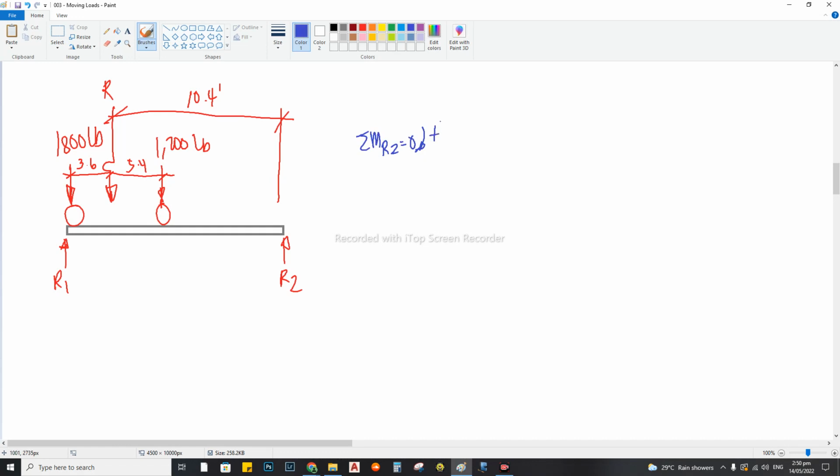Clockwise moment is positive. Then we'll have reaction 1 times 14 minus the resultant force na 3,000 pounds times distance nga 10.4 feet is equal to 0. So we'll have reaction 1 is equal to 2,228.57 pounds.